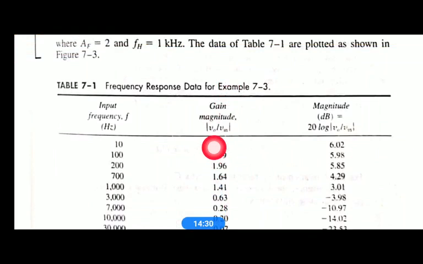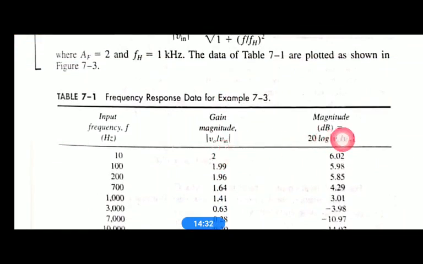This 2 you convert into dB: 20 log of 2 gives 6.02 dB.